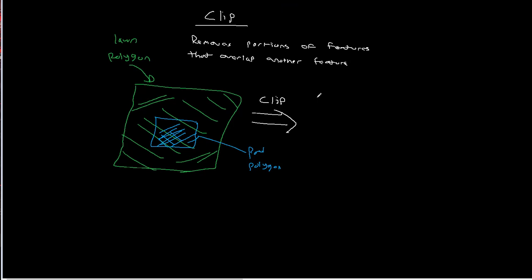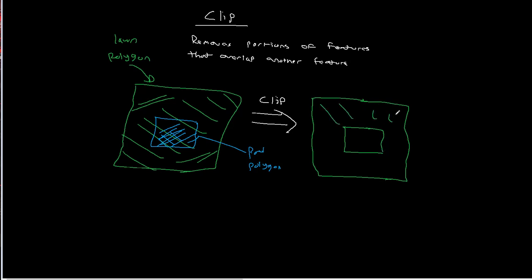And when we run CLIP, we end up with this. We have the same lawn, but now we have a hole in the middle where the pool was. This is a hole, where the pool originally was. And that's because we clipped.